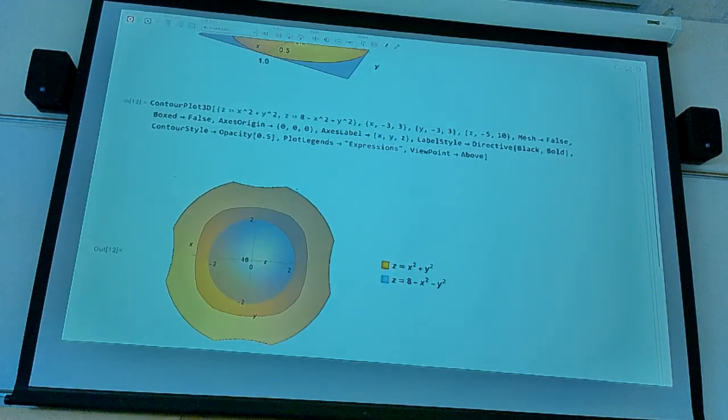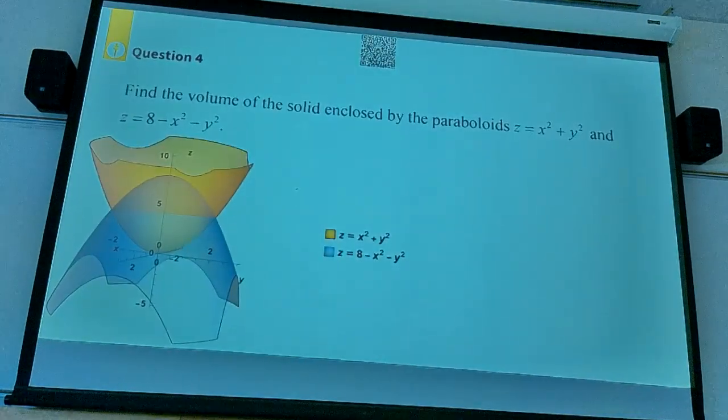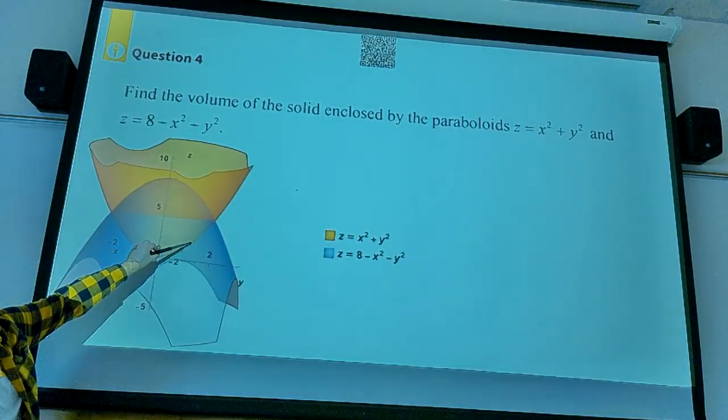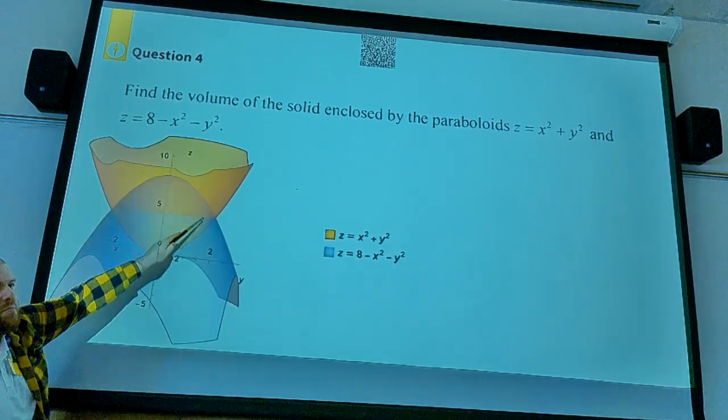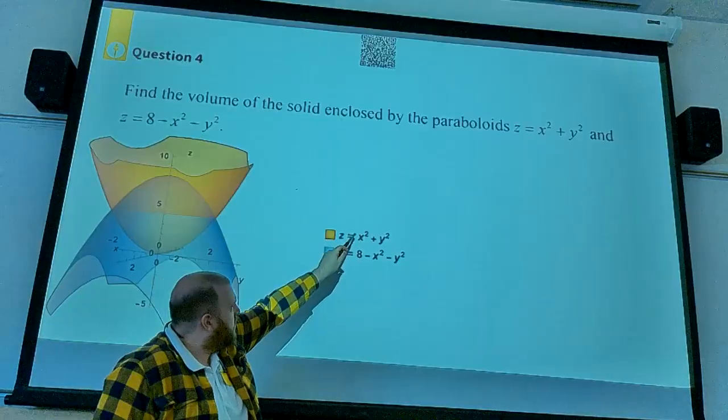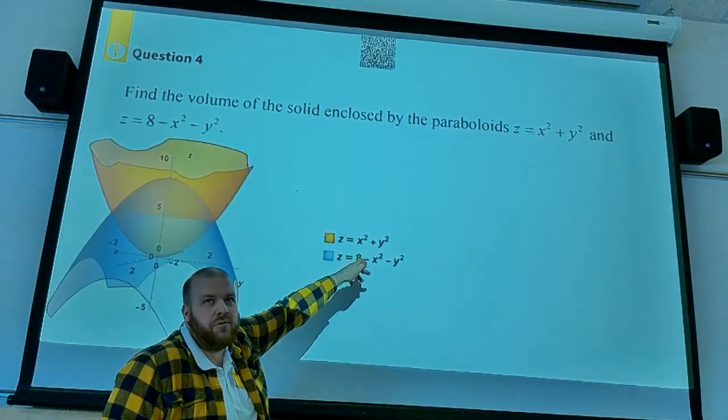The height is easy enough. You know what z is going to go from. Z is going to go from the orange paraboloid up to the blue paraboloid, right? So lower bound, upper bound.